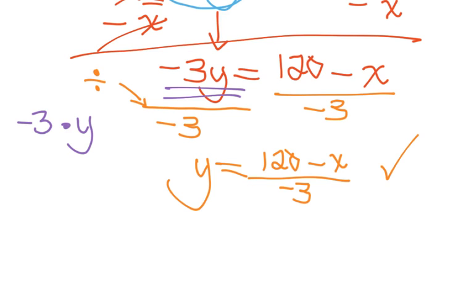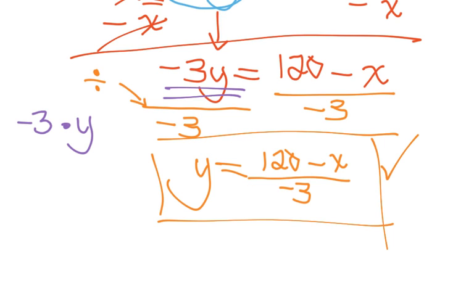Okay? And I'm going to tell you all to leave it like this. If you took it and said 120 divided by -3 is -40, fine. I'm good with that. If you did this, y is equal to -40. And what else do we know?